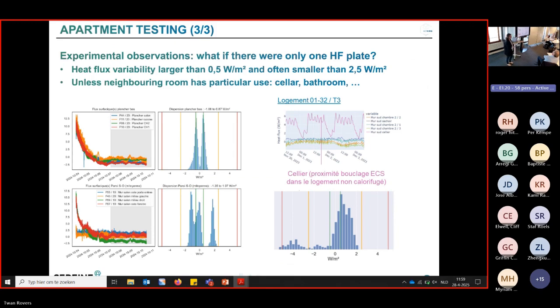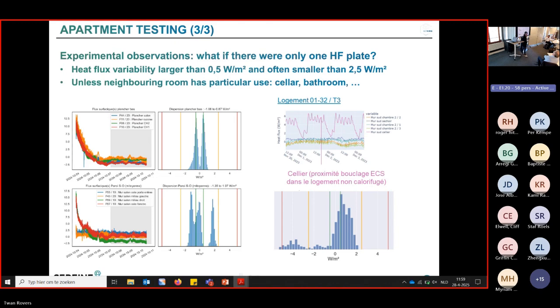What we did is try to assess what kind of heterogeneity we encounter in the buildings. So it's in France, a majority of concrete party walls. And what we noticed is that the 0.5, the optimal case, was actually never encountered. Most of the time we had something like plus or minus 2 watts per square meter in heterogeneity.